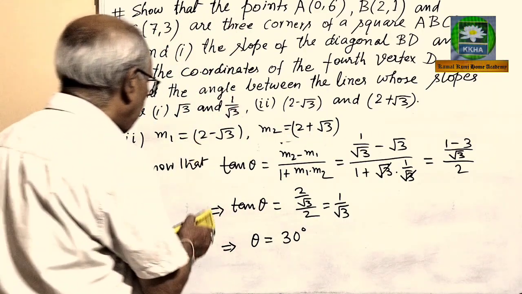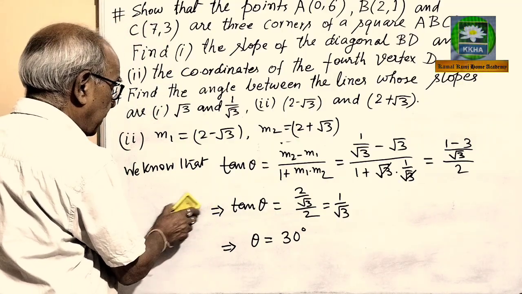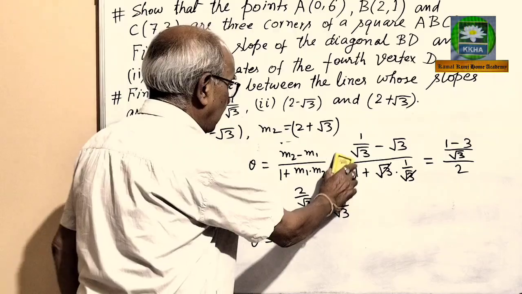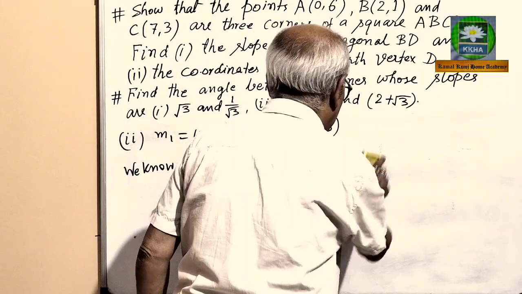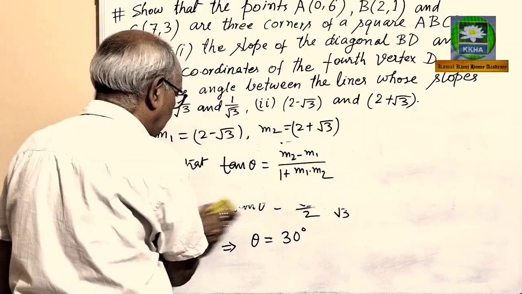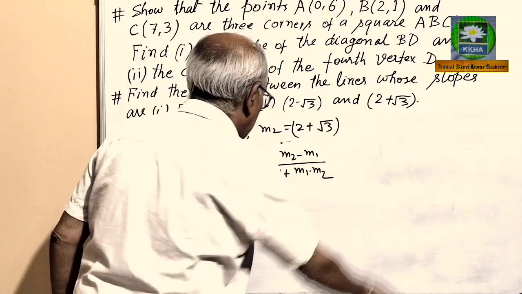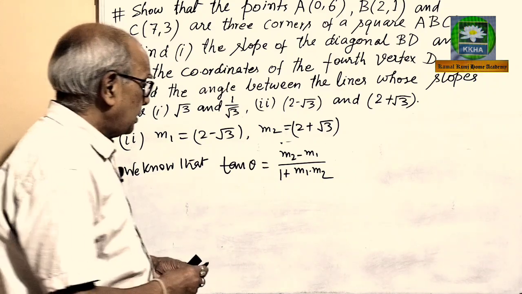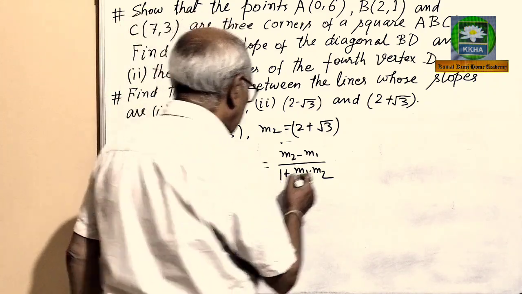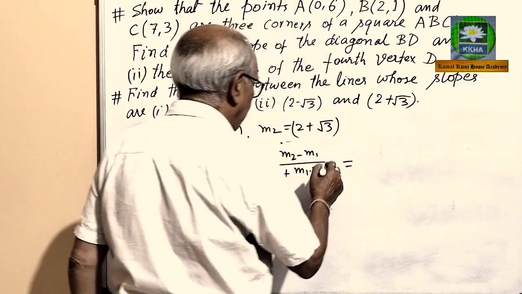So slopes are 2 minus root 3 and 2 plus root 3. You know that the angle between the two lines is given by tan theta equal to m2 minus m1 upon 1 plus m1 into m2.